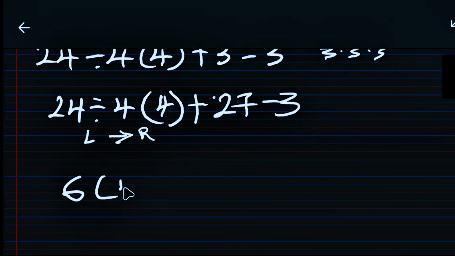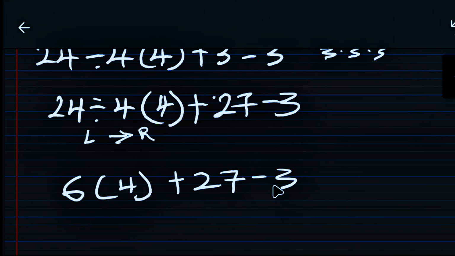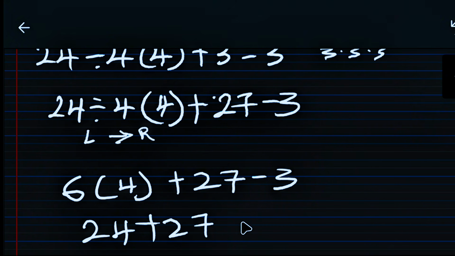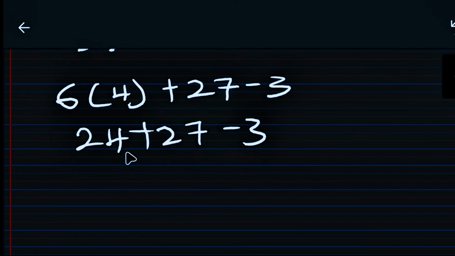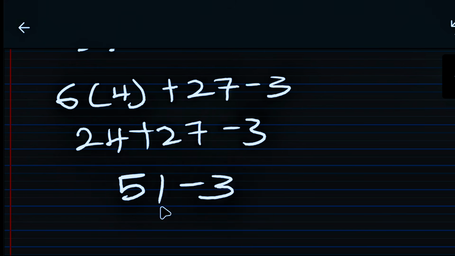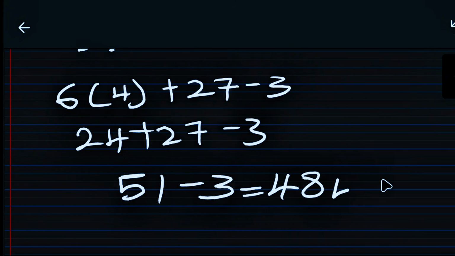Then multiplied by 4, plus 27 minus 3. 6 multiplied by 4 will give us 24 again, plus 27 minus 3. So from here, 24 plus 27 will give us 51 minus 3. And 51 minus 3 equals 48 as the right answer.